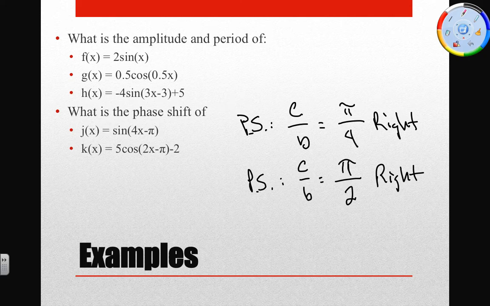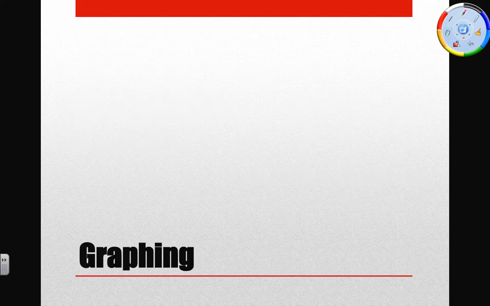Okay, we're not going to try graphing on this particular video. What I want to do is discuss how to graph. There are 2 methods, right now for sine and cosine, of how to graph.